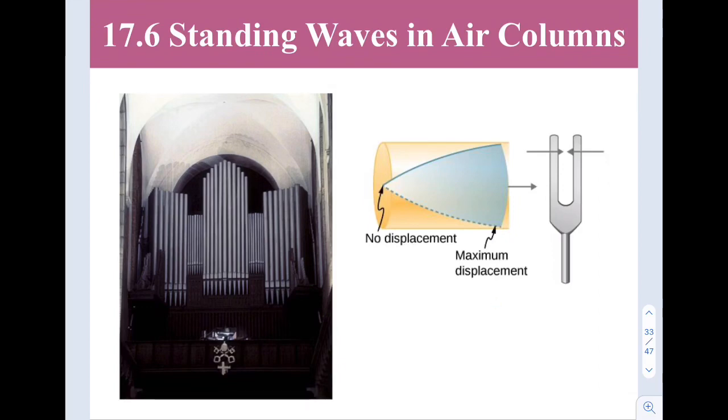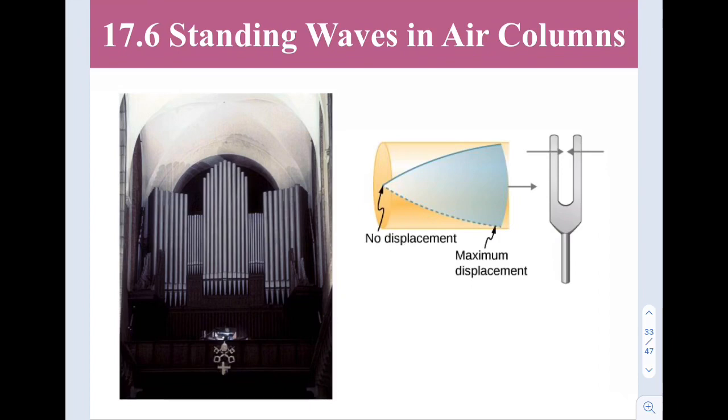In a pipe closed at one end, for example this one, the closed end has no displacement. We call this point a node, because the rigid barrier at this end does not allow longitudinal motion of the air, because the pressure wave is 90 degrees out of phase with the displacement wave.